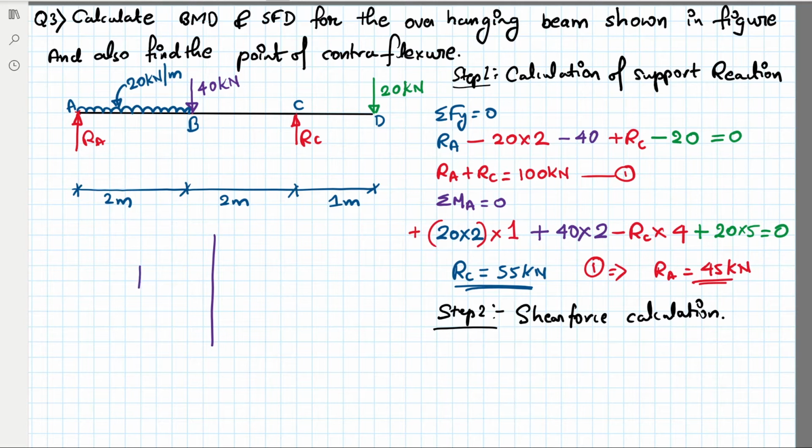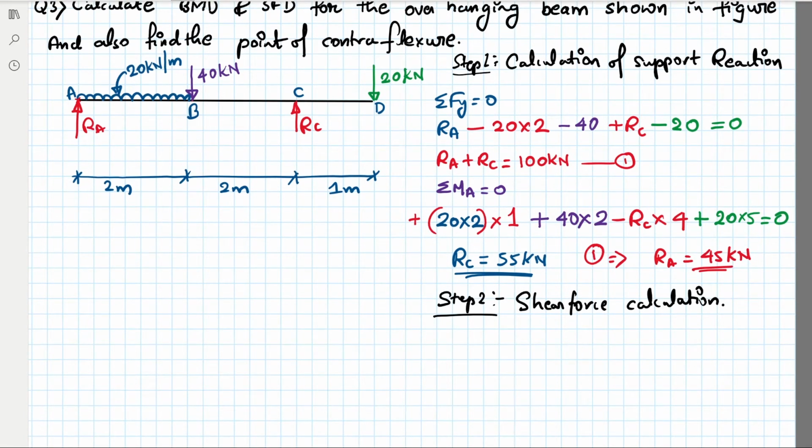Left of the section, upward forces we take positive, downward forces we take negative. In the right of the section, upward forces we take negative, downward forces we take positive. This is the sign convention. Keeping this in mind, I am going to calculate the shear force at different points.